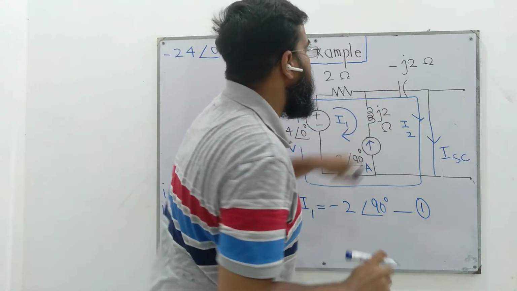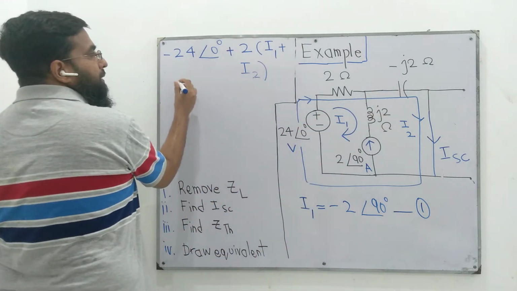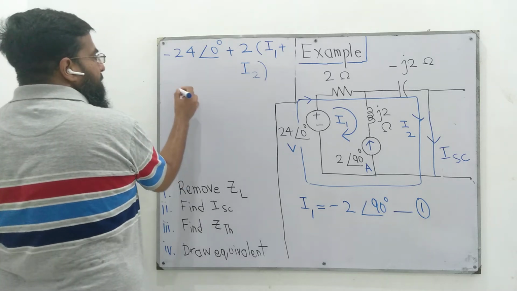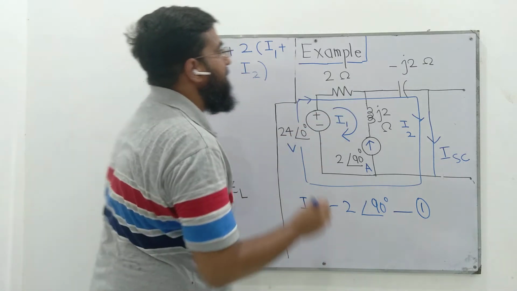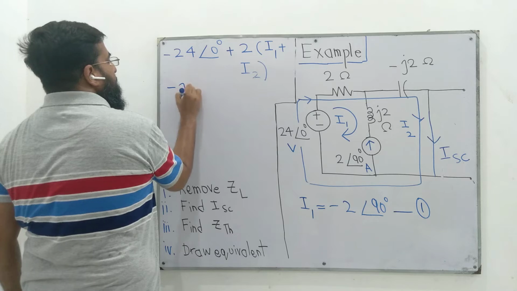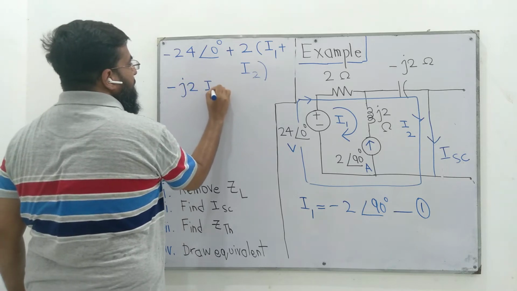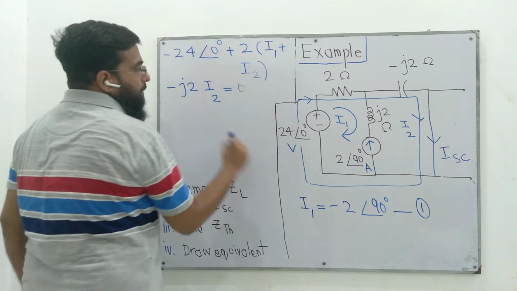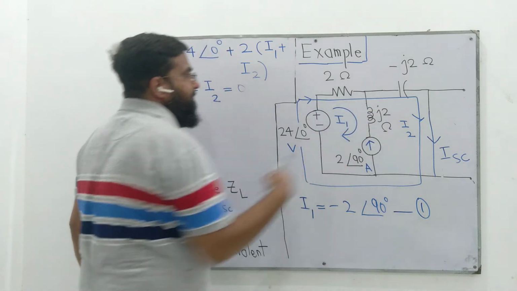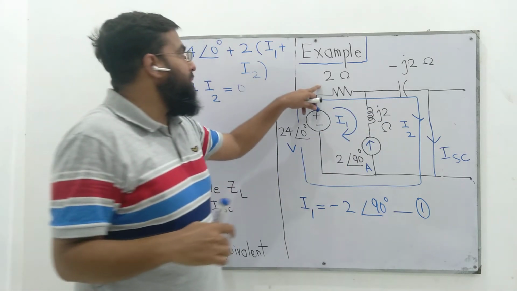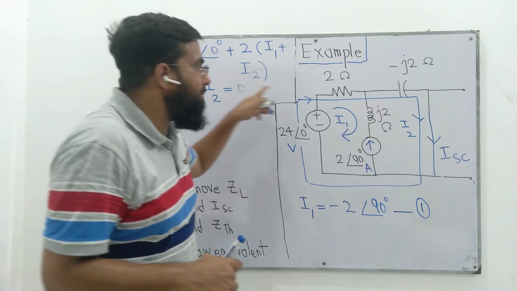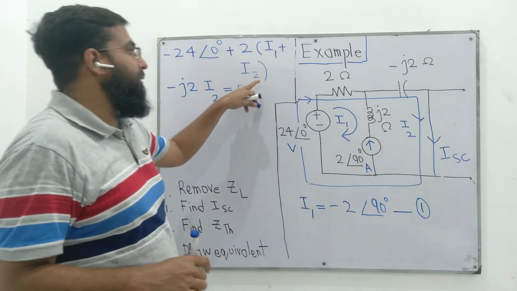Then comes this minus j2 ohm, ZC, the capacitive reactance. We have only one current I2 flowing through it because I1 has this path. So through this 2 ohm resistor, we have two currents flowing in the same direction. Therefore, we have written I1 plus I2.